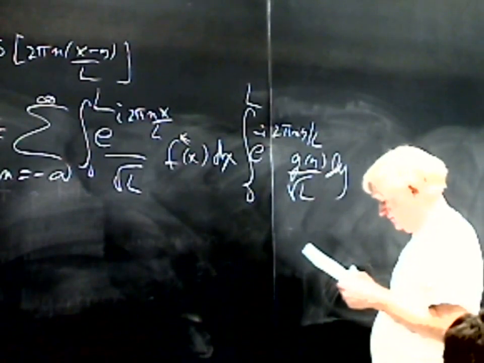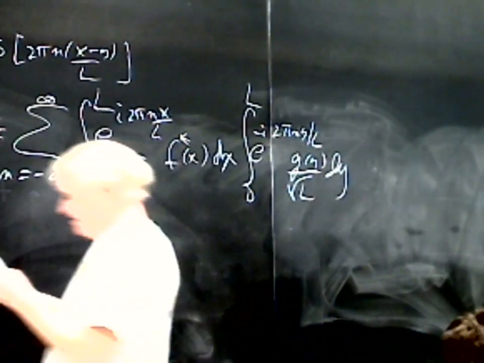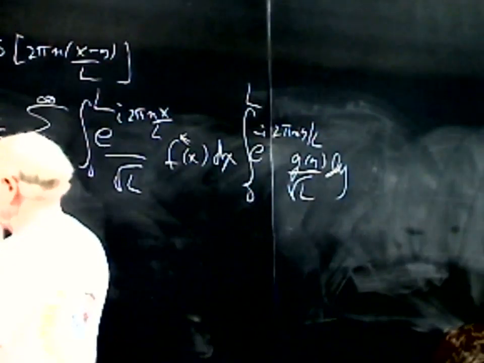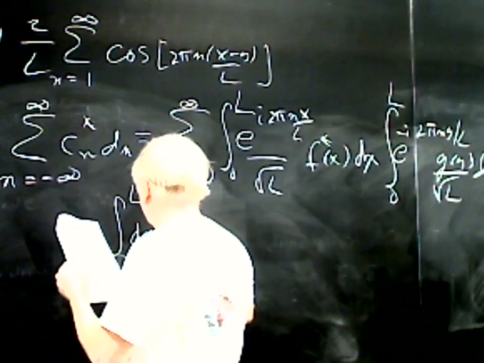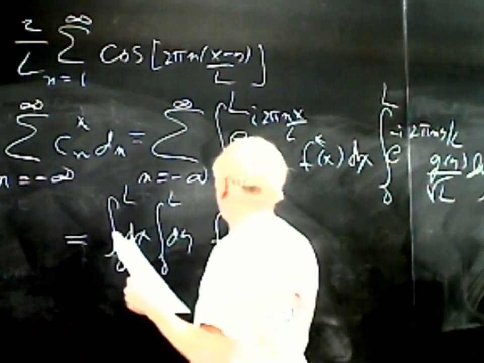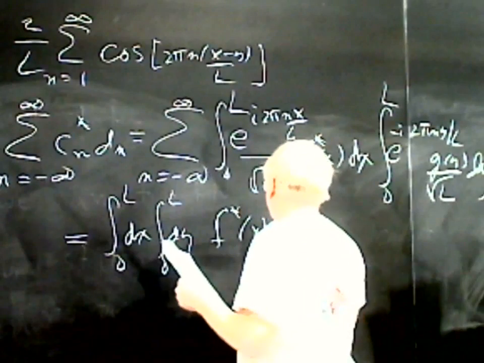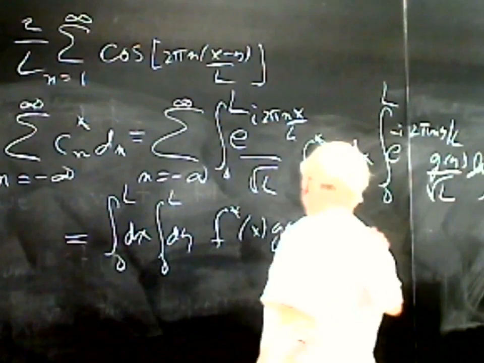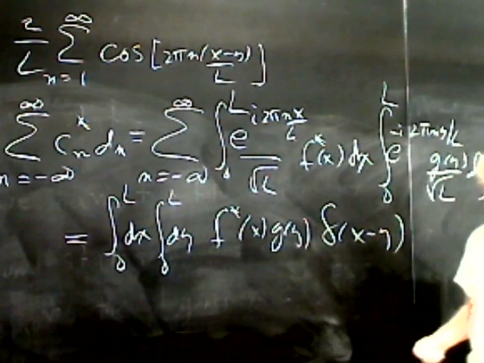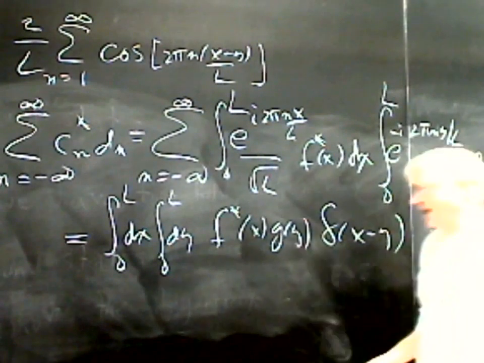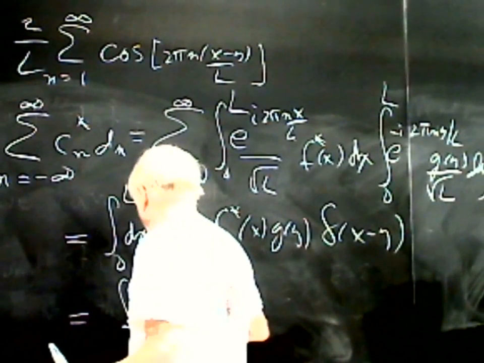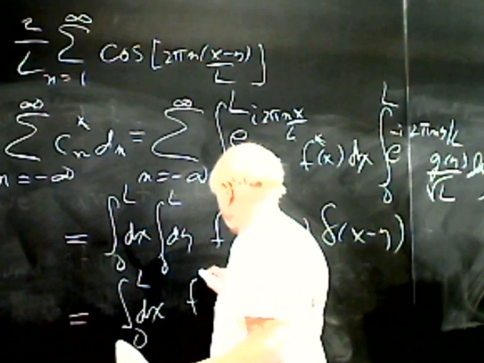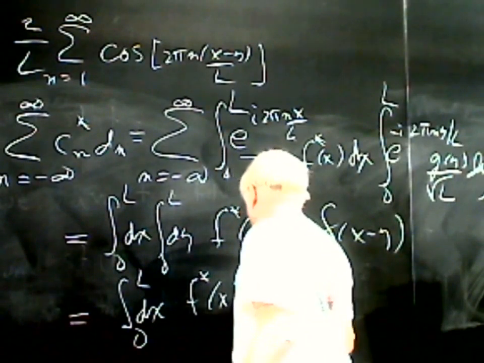And so this is then the integral 0 to L dx, integral 0 to L dy, f star of x, g of y, delta of x minus y, the Dirac delta function. And then that is just the integral 0 to L dx, f star of x, g of x.